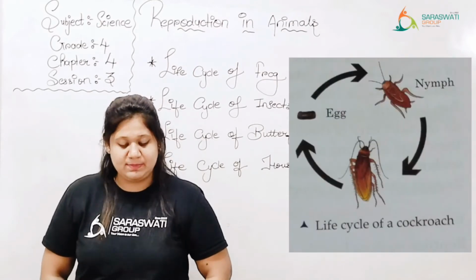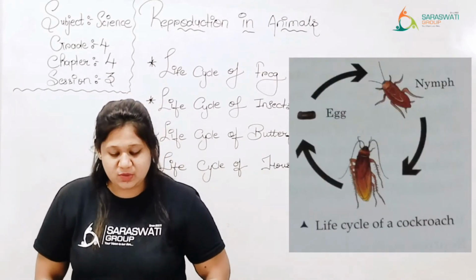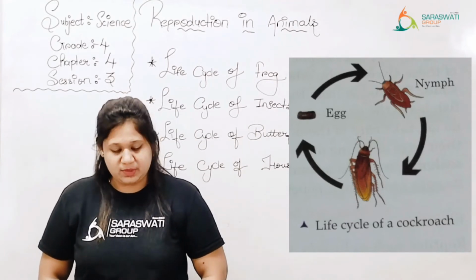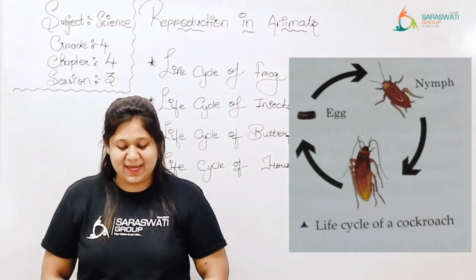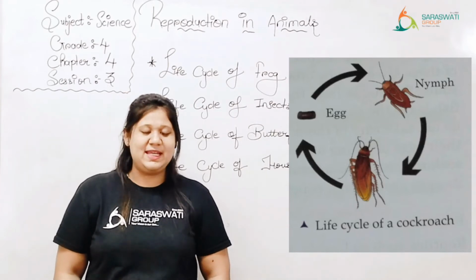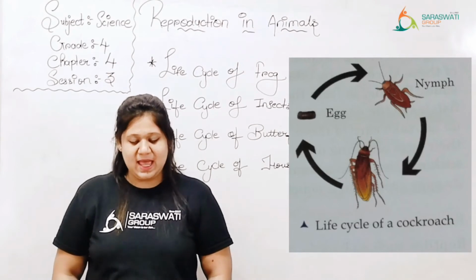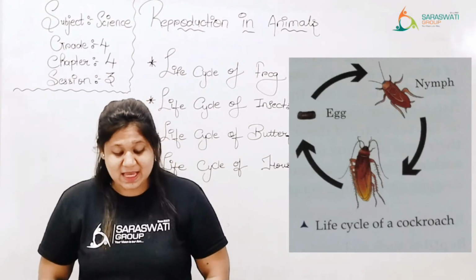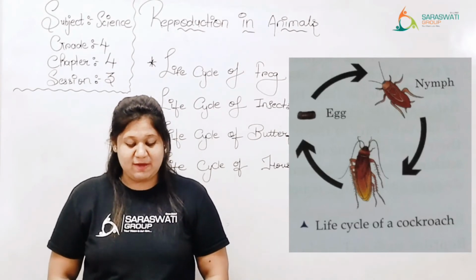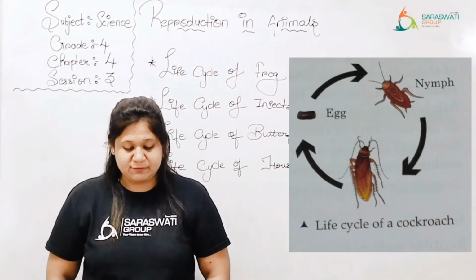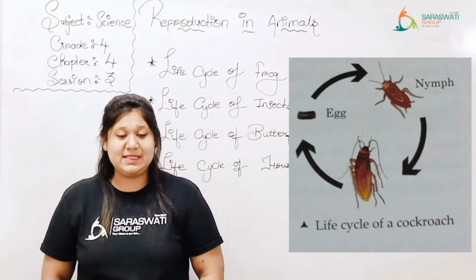Insects such as butterflies, cockroaches, and grasshoppers reproduce by laying eggs. There are so many insects which reproduce by laying eggs. The eggs undergo various stages of development before transforming into an adult insect.